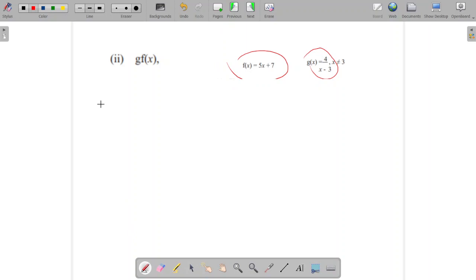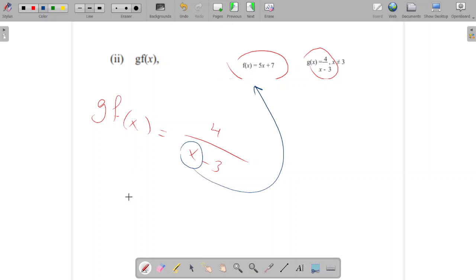So now he wanted to know the function gf(x), so it's going to be the function g where you put the function f(x) as an input. So we write the function g(x), which is going to be 4 over x minus 3, and we're going to substitute x with the function f(x). So gf(x) is going to be equal to 4 over what?